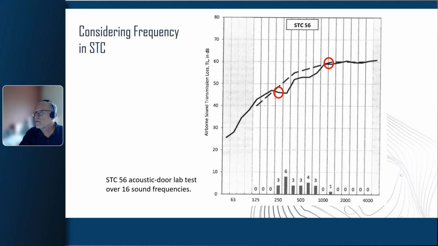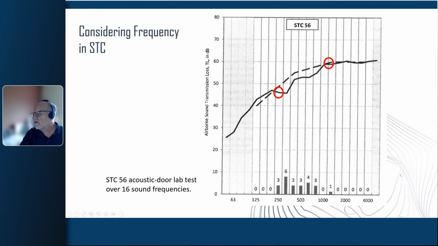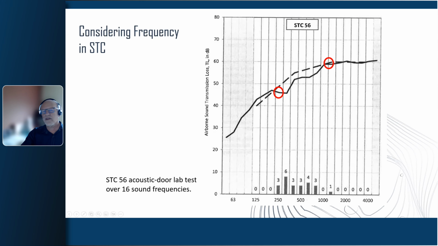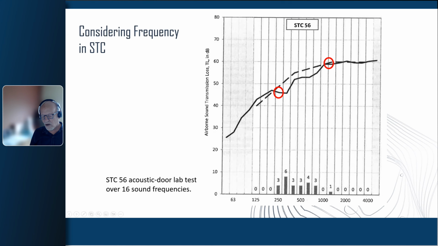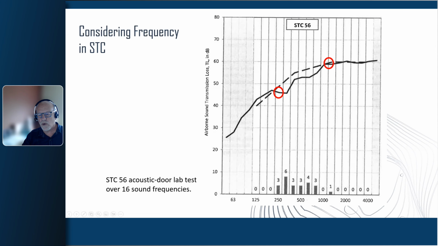So many factors more. And sound, much of which we cannot hear, is created well above 4,000 hertz. But the ASTM standard stops at 4,000 hertz because basically we can't hear above that. Your dog can hear above that, but we can't.